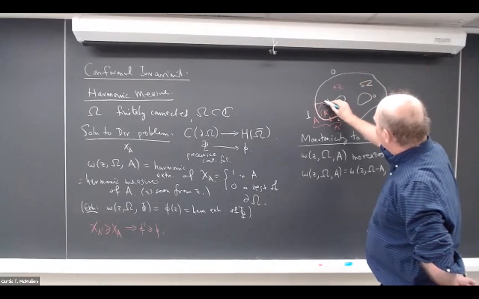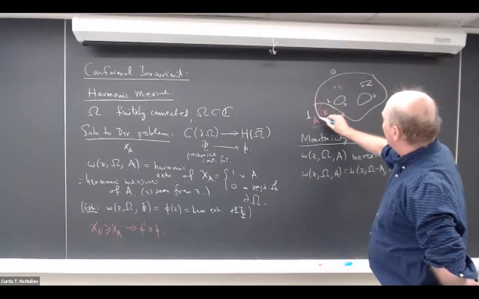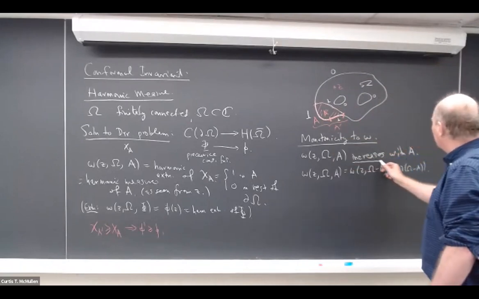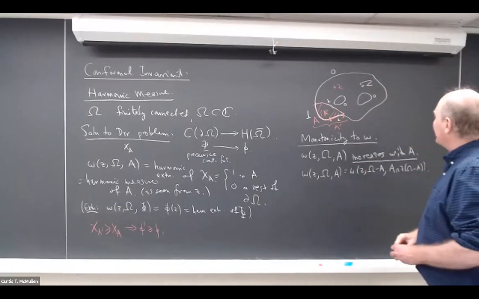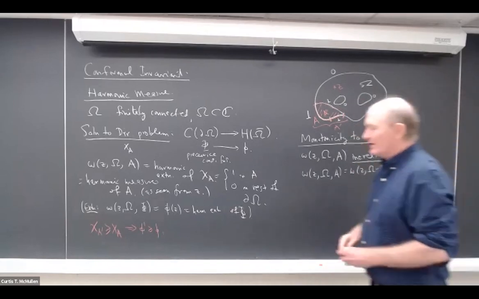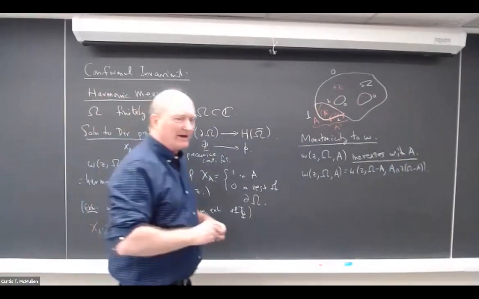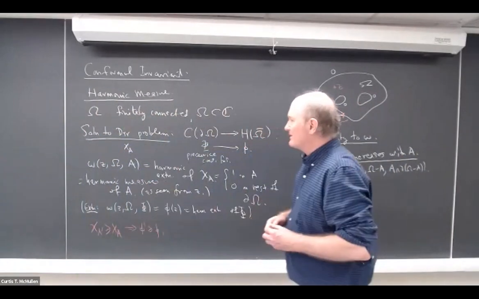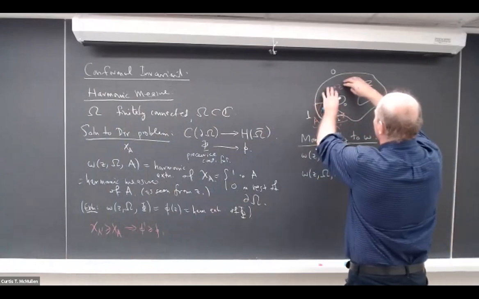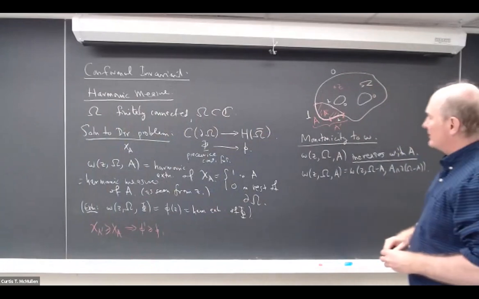So if we look at the harmonic function that's 1 here, it again lies above the harmonic function that's 1 just on A. So this is true. This increasing property is also true even if A goes into the region omega. And it's frequently useful when bounding harmonic measure to just have this flexible way of thinking. So the bigger A gets, the more Z feels its impact when we solve the Dirichlet problem.